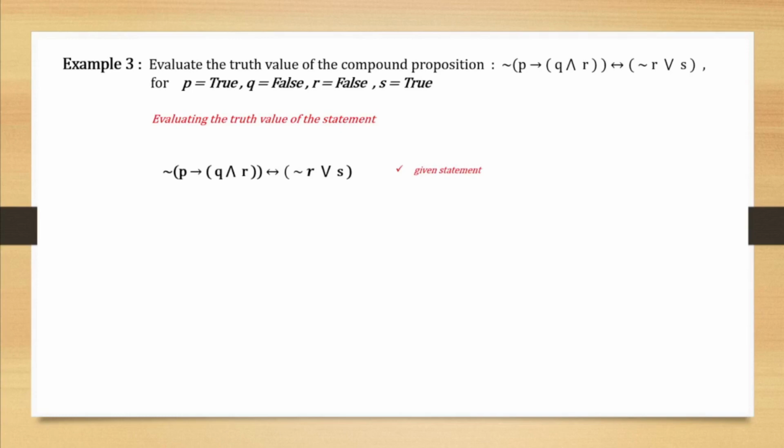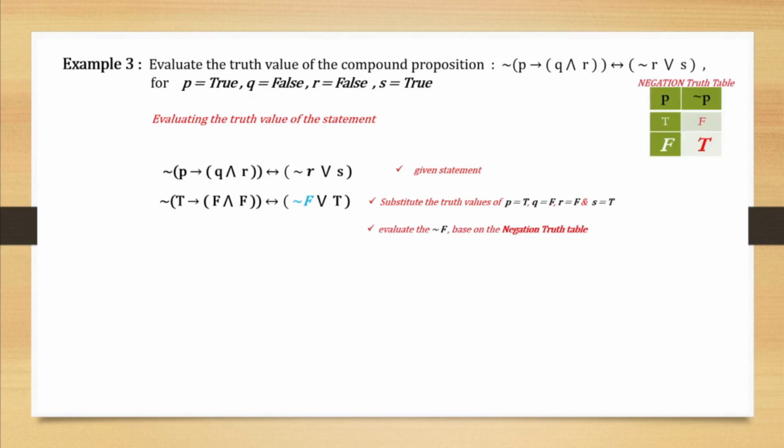This is our given statement. So what we need to do, we have to substitute the truth value of P, Q, R, and S respectively to our given statement. So as we are going to update our given statement, it becomes the negation of the quantity true implies the quantity of false and false if and only if the negation of false or true.